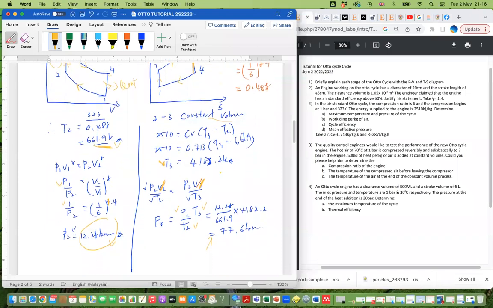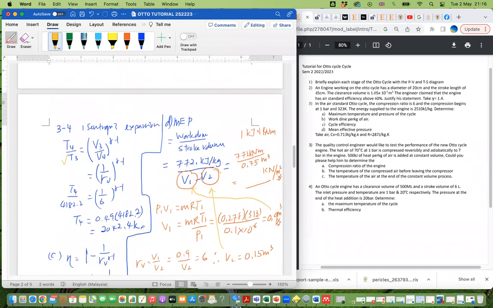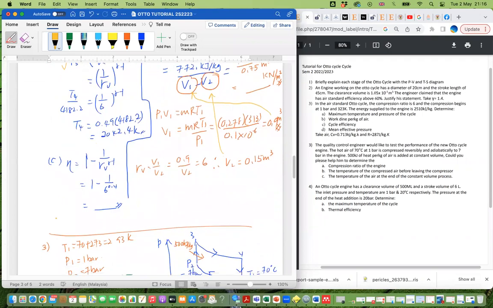Right, I forgot to write it out, but it's quite simple. The work done is actually, let me write it here, the Q out, which is Cv times (T4 minus T1).